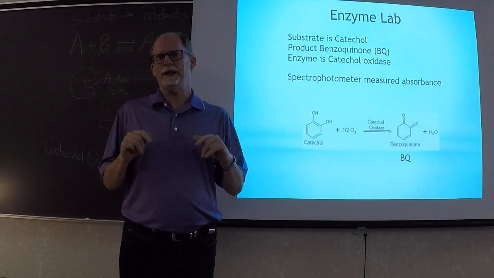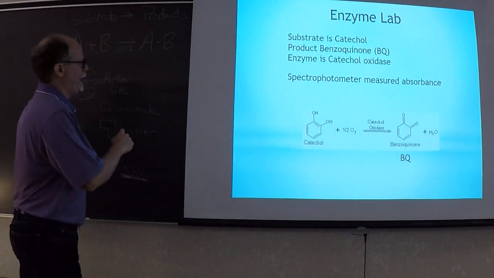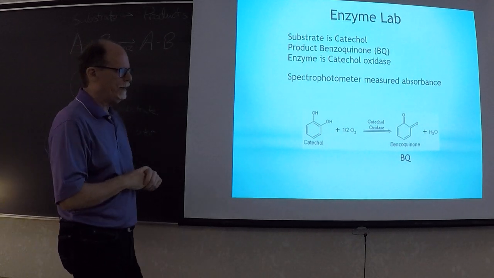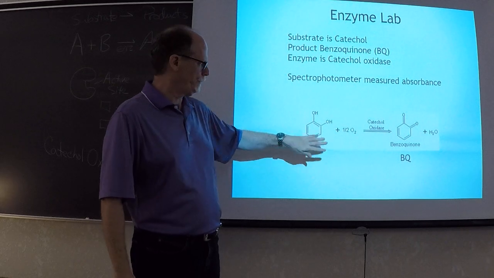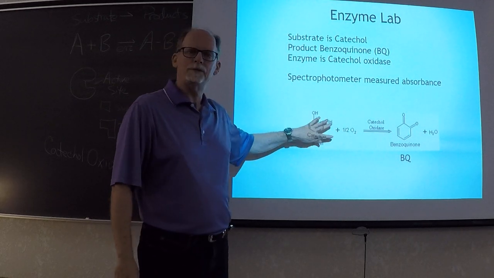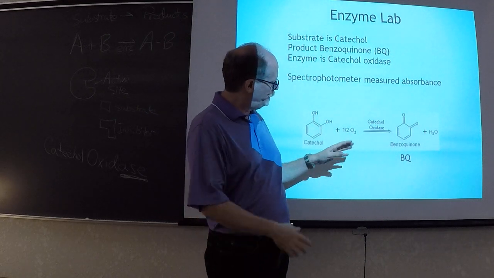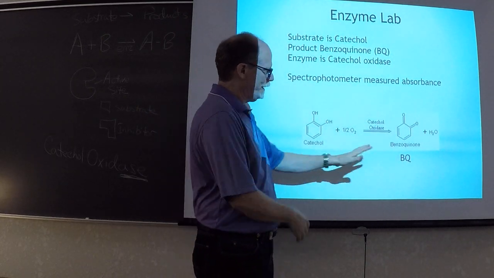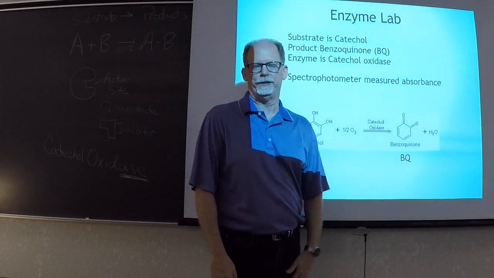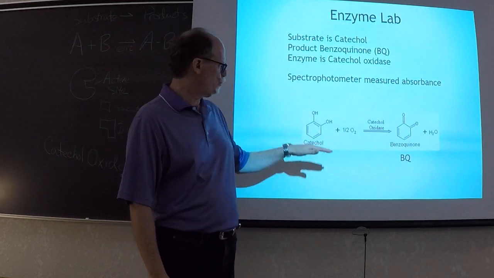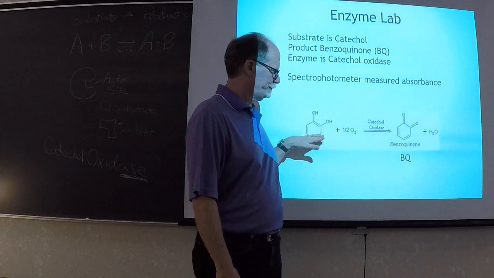If the enzyme has activity, it has the ability to produce the product. The only way the enzyme can produce the product is if there is plenty of substrate available, because the substrate is converted to the product. So these are two different chemicals.